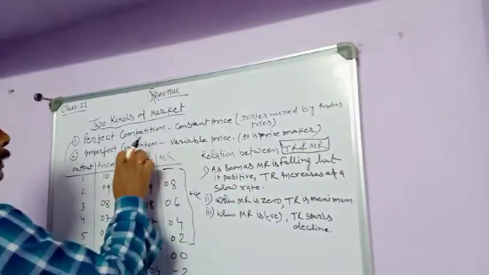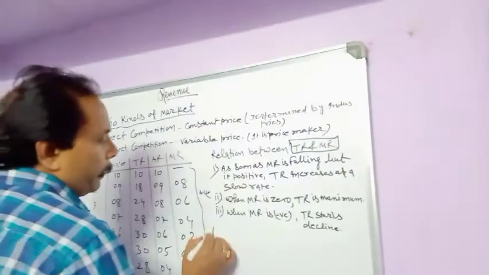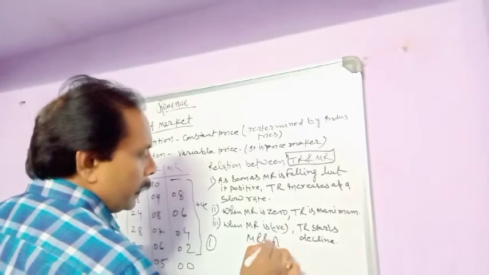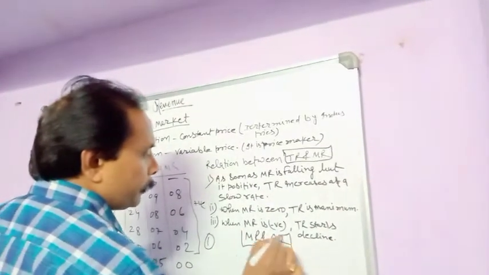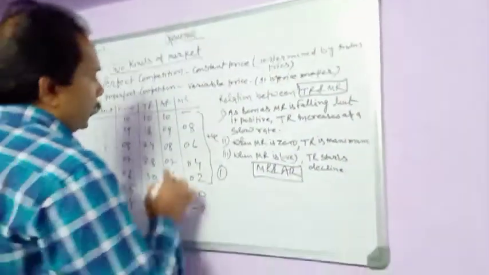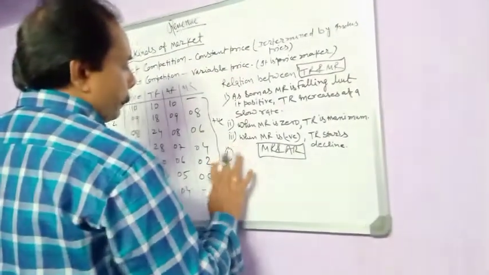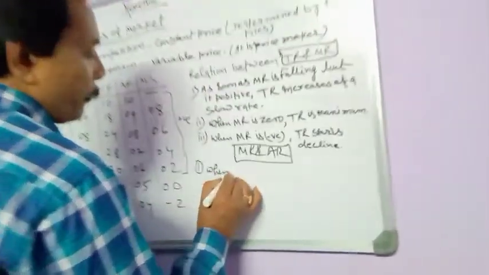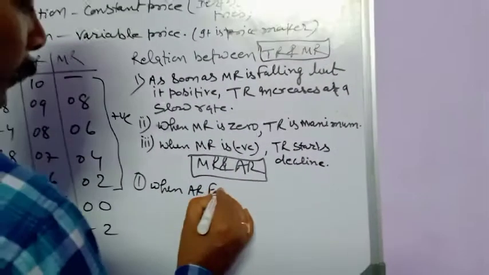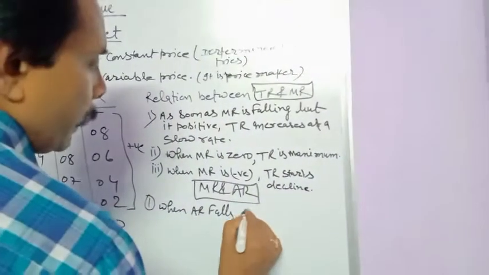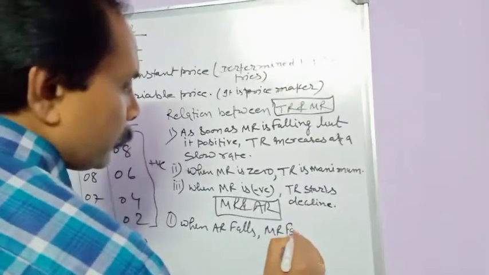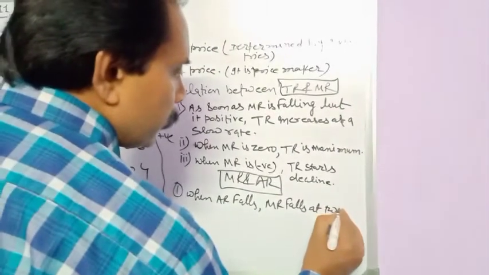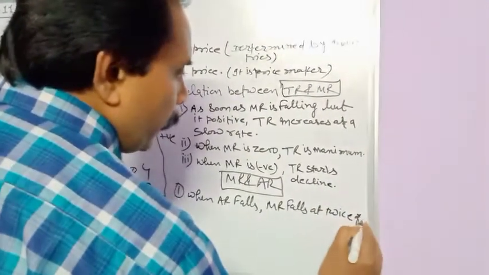Now what is the difference between AR and MR? MR and AR relation. Clear? Point number 1. When AR falls, MR falls at twice the rate of AR.